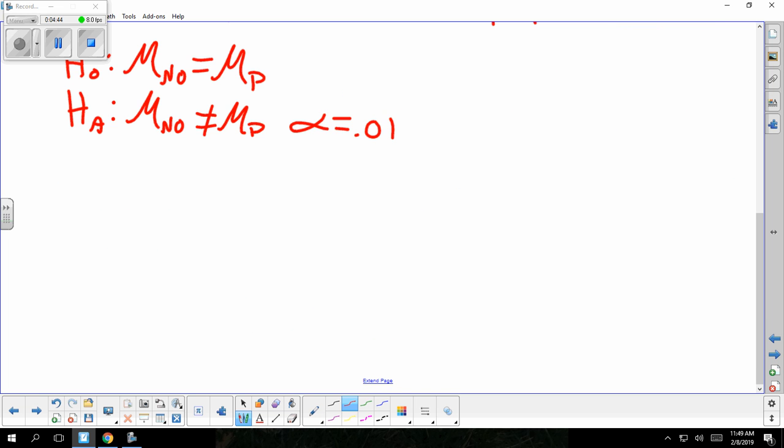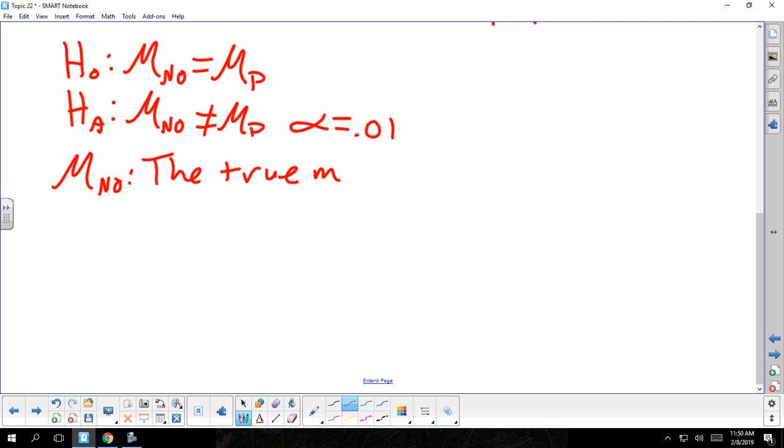And let's go ahead and identify our parameters of interest. So, mu New Orleans, the true mean cost of hotel rooms in New Orleans.